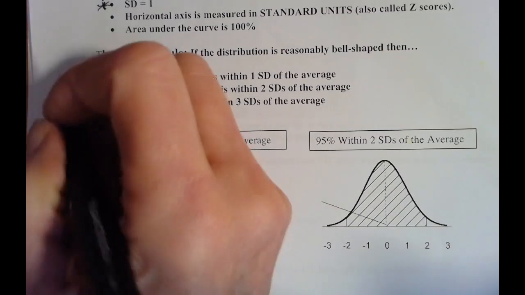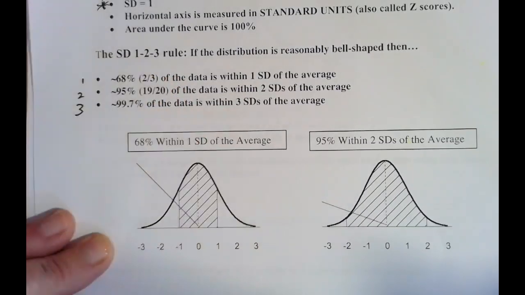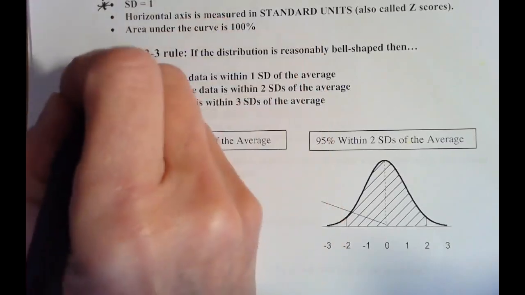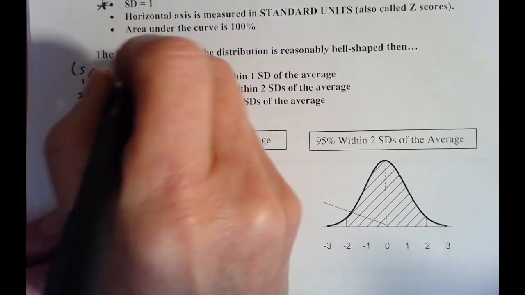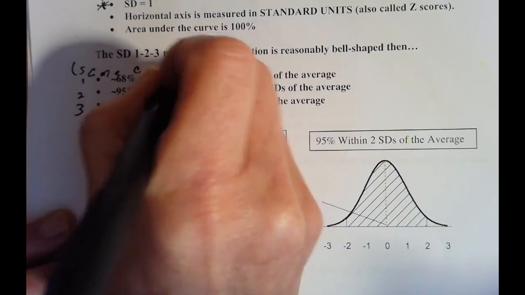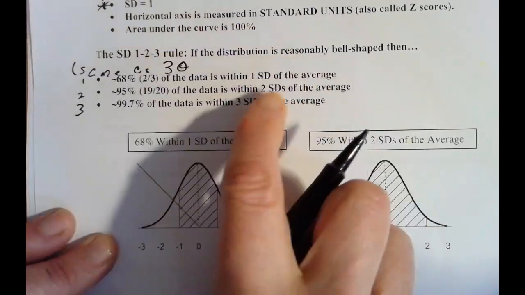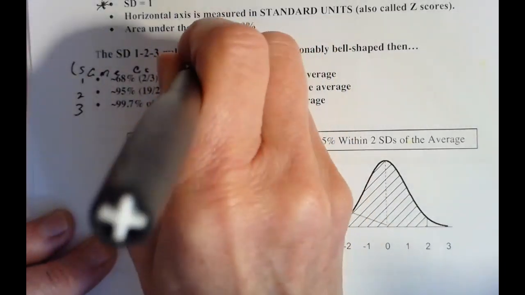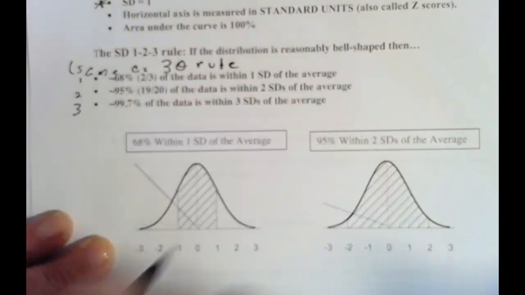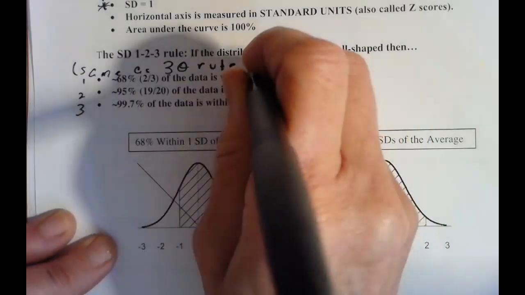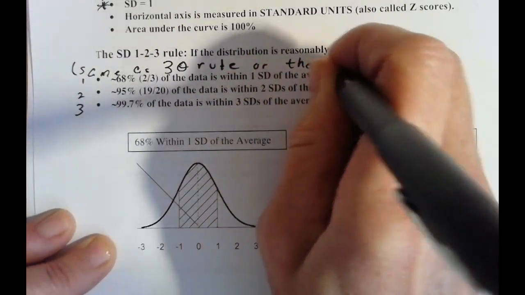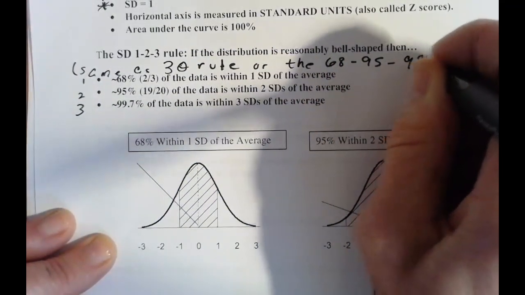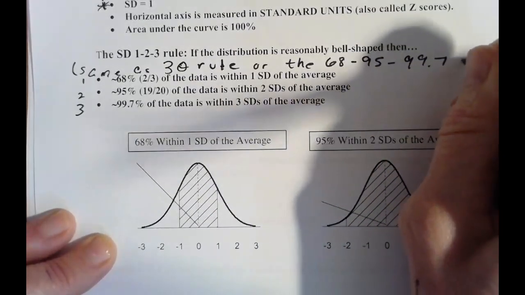So this is the 1, 2, 3 rule. You might also see it as the 3 sigma rule, because sigma is the Greek letter that is the term for standard deviation. Or you might see it as the 68, 95, and 99.7 rule.